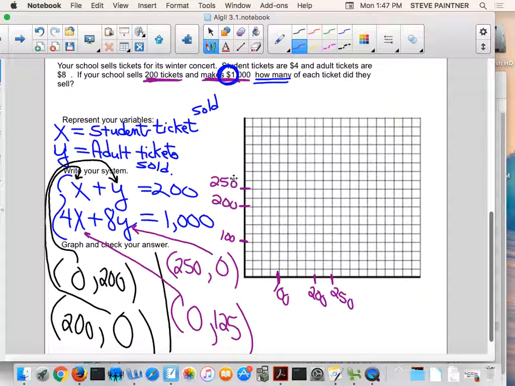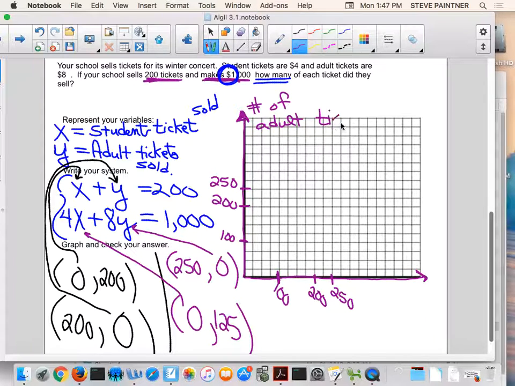Okay. Now, you know what I didn't do? I did not label the XY axis. What's the Y axis called? What's the X axis called? What's Y? What did Y stand for? Adult tickets. Number of adult tickets.